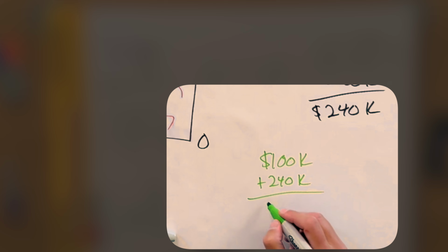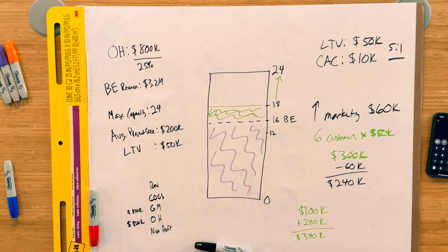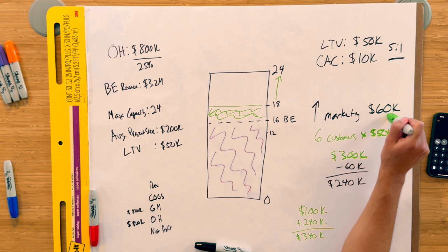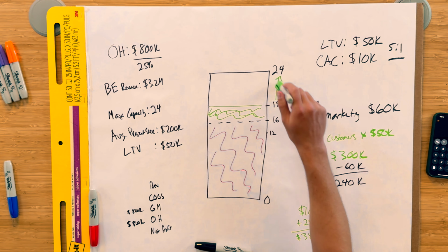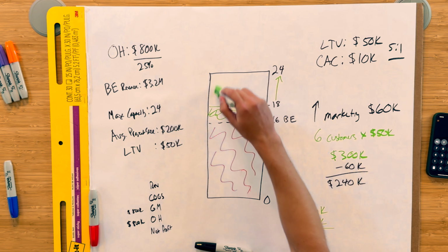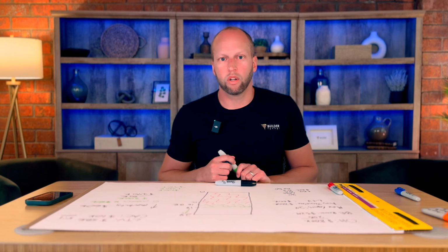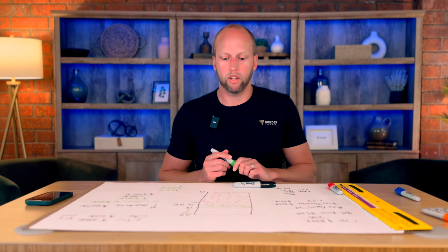So that brings us to 340, over tripling the net profit by, yes, increasing marketing by 60,000, because this business understands this is the opportunity zone, and that's where you can make the most profit.